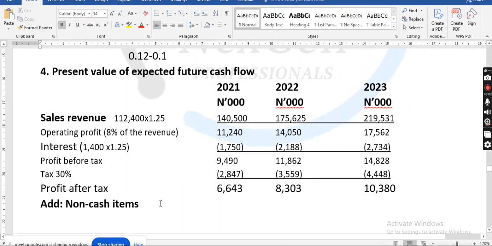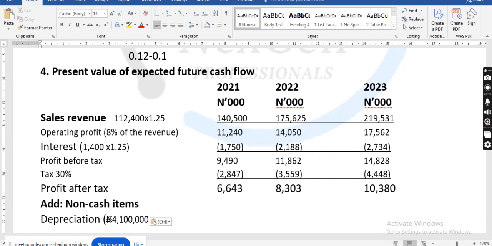So we have depreciation. Before we create another link, depreciation times 1.25. So we have to increase it, right?